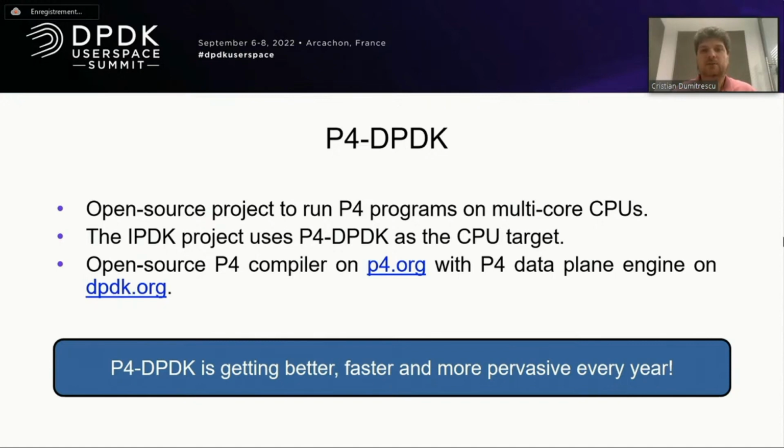The P4 compiler, which is called P4C, is an open source compiler. We tend to call this activity of enabling P4 in DPDK simply P4 DPDK, which is essentially an open source project to run P4 programs on multi-core CPUs.